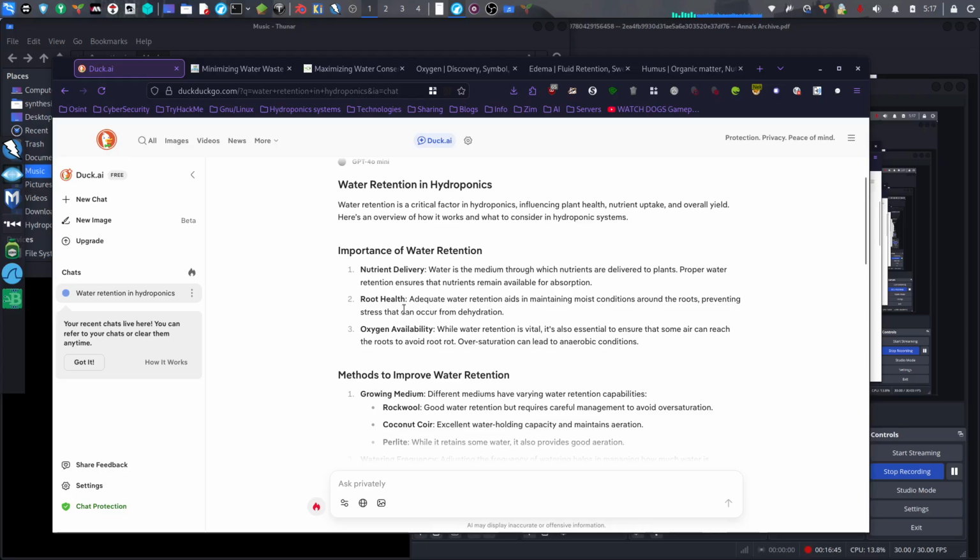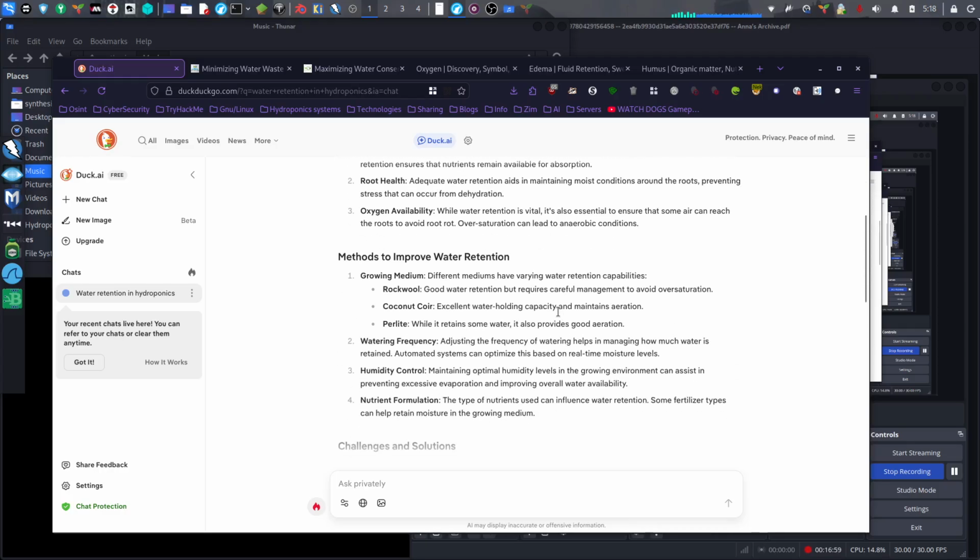Oxygen availability: while water retention is vital, it is also essential to ensure that some air can reach the roots to avoid root rot. Oversaturation can lead to anaerobic conditions.